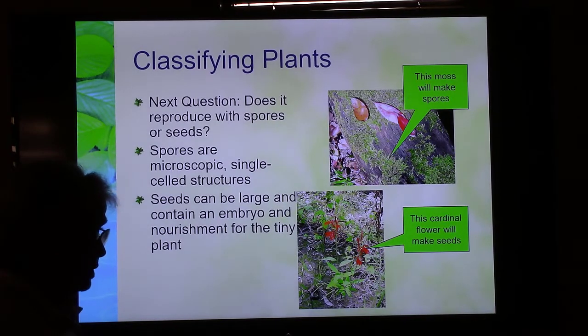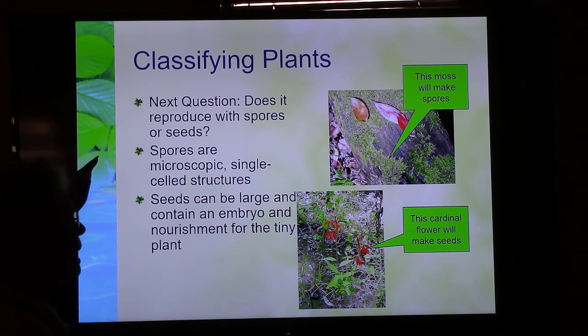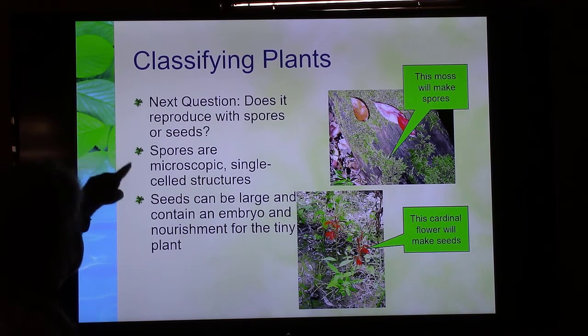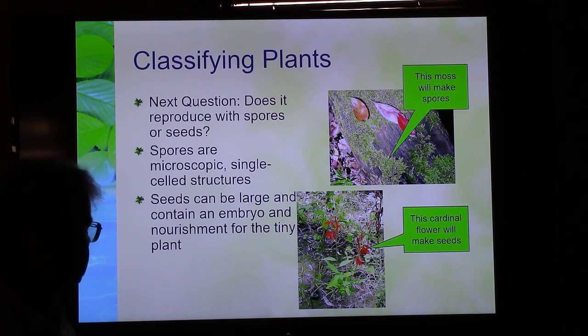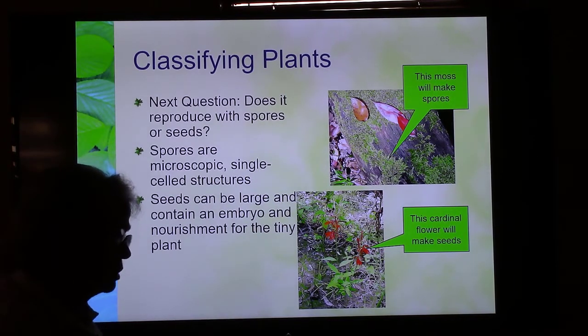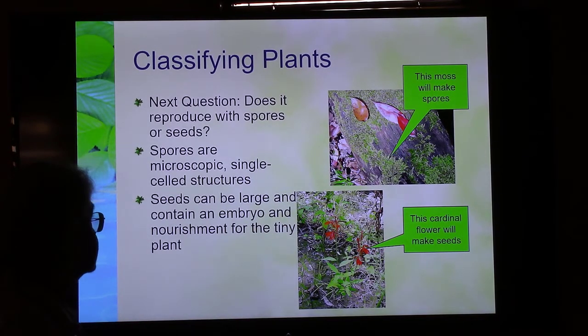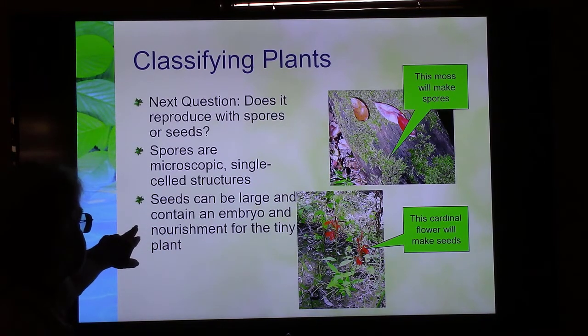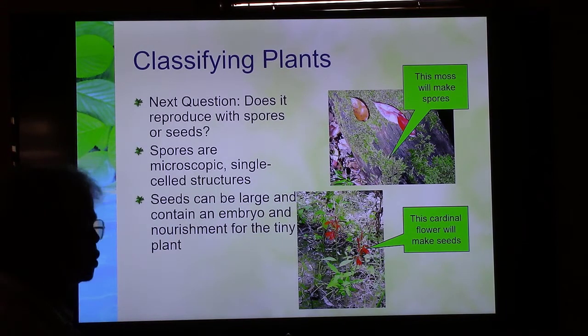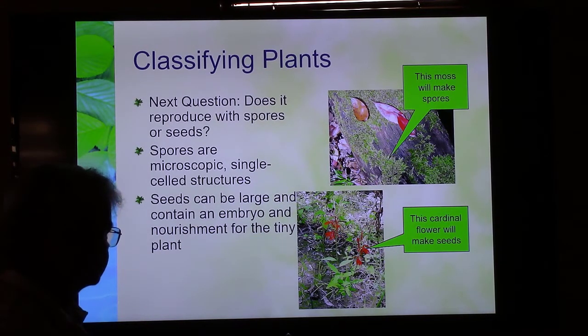Now, another question: how does it reproduce? Does it reproduce by making spores or making seeds? Spores are microscopic, single-celled reproductive structures that we associate with mosses and ferns. Seeds can be large and contain an embryo and nourishment for the tiny plant.